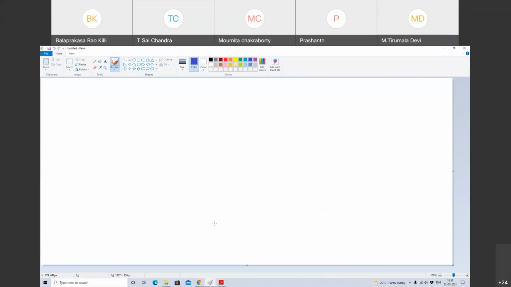Let us say the robot is moving one step at every time step, let us say time step t. It has taken the action of moving left and it has got a reward of plus 10. Now at time step t plus 1, it has taken a decision of moving right and it has got a reward of plus 50.